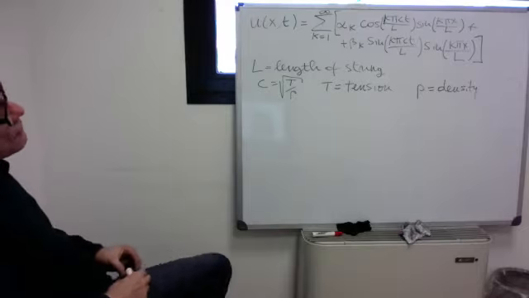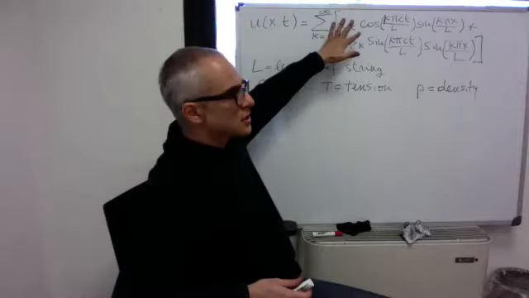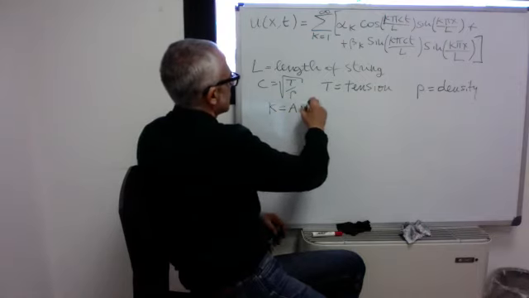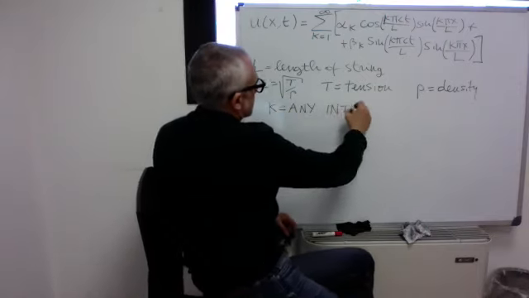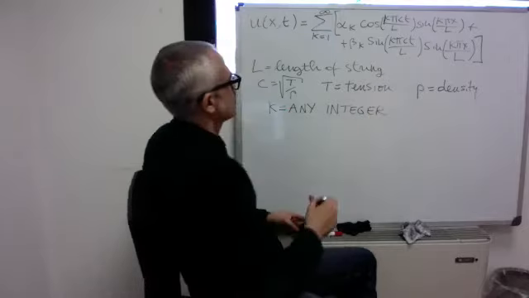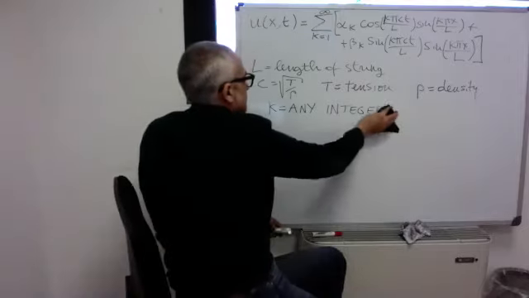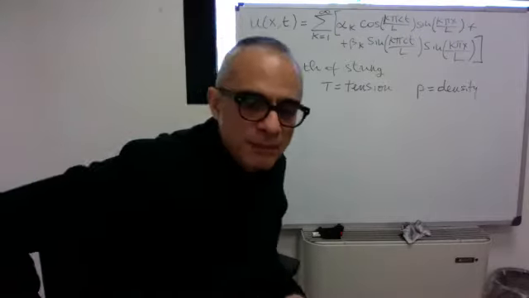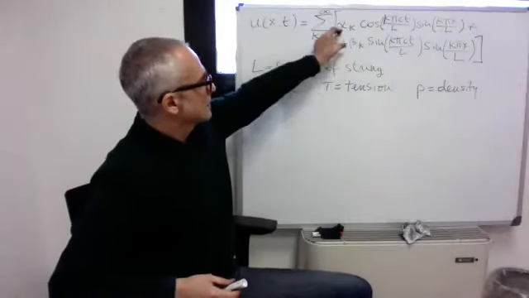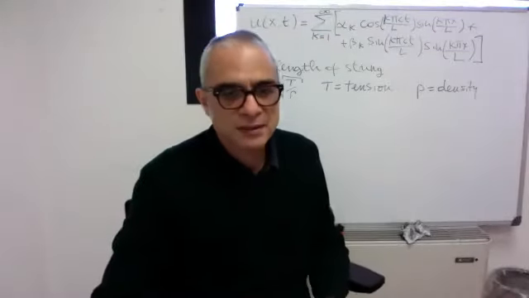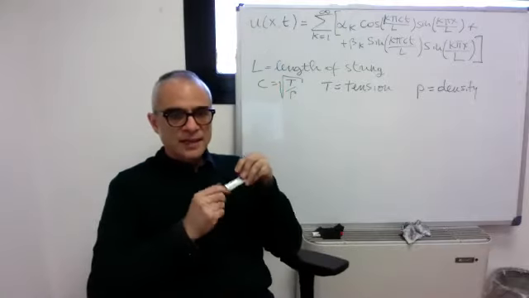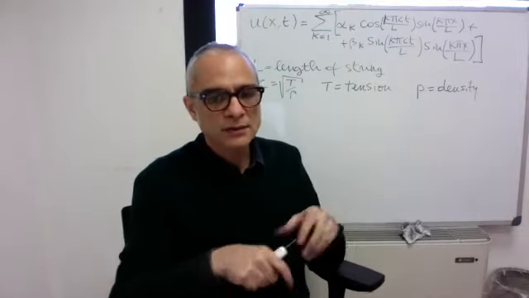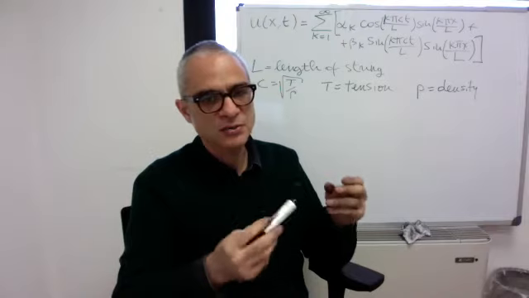And I've also shown you that these coefficients here, alpha k, and k is any integer number, are not just some abstract things, but are something that is numerically determined as soon as you know what the initial state of the string is.